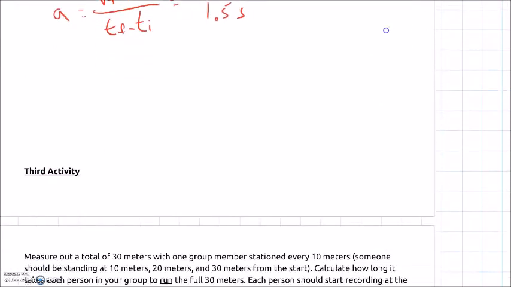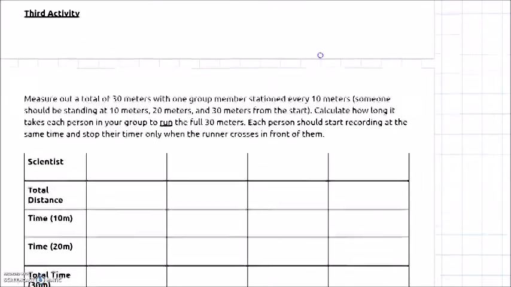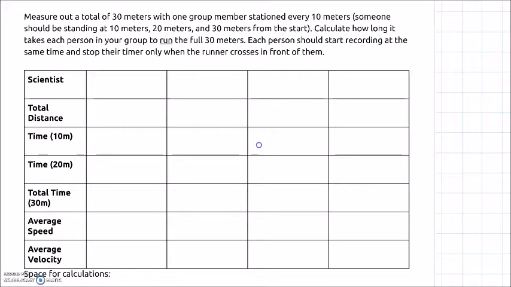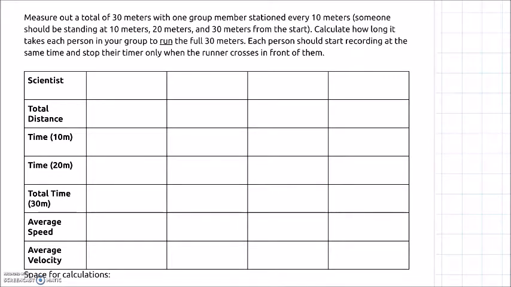And let's move on to our third activity. So this activity was the most involved. This is where we measured the time it took us to run 30 meters. But instead of measuring that entire 30 meters, we measured time at 10 meters, measured time at 20 meters, and 30 meters.